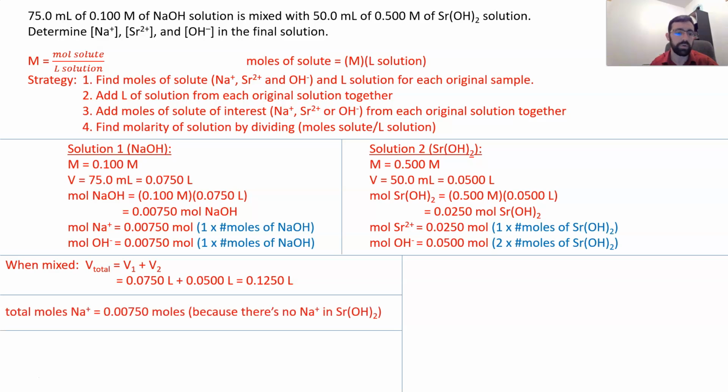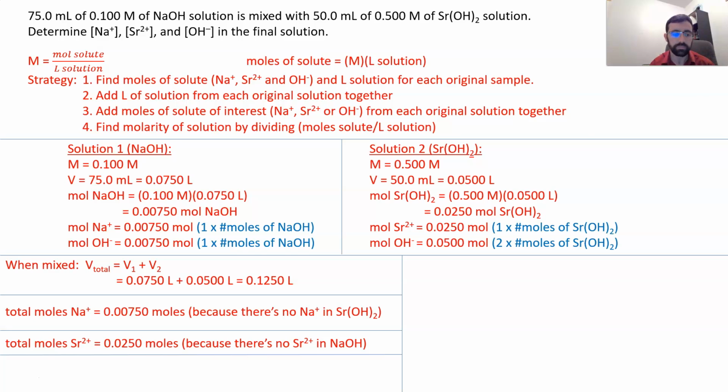It's just going to be 0.00750 moles. Next, let's find the moles of strontium. Again, there's no strontium in sodium hydroxide, so it's just 0.0250 moles.